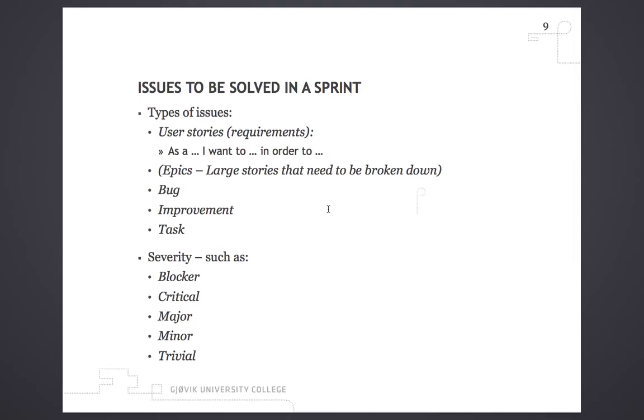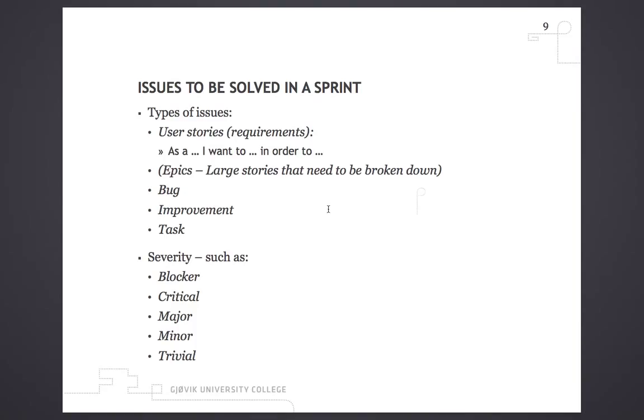They are typically described as: as a role, I want to do something in order to achieve some target. So as a teacher, let's say that we are developing a system for teachers in a school. As a teacher, I want to create learning objects in order to present learning material to the students. You see? So this is how you use user stories.